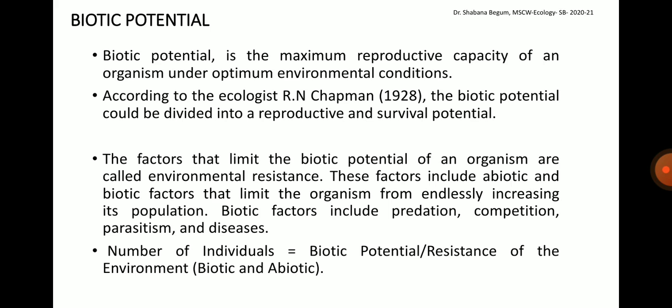In the migratory salmons, at every stage, the mortality rate is high. So, only a few salmons survive to reproductive age. The potential to increase tremendously is called biotic potential, but the number is kept in check due to environmental resistance. Thus, the size of a population depends on the biotic potential and the environmental resistance.